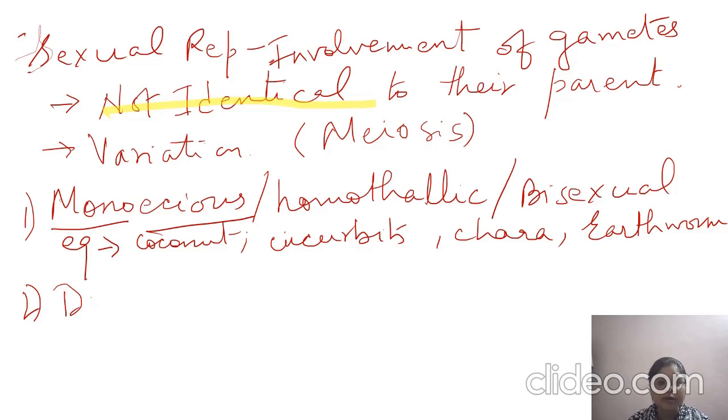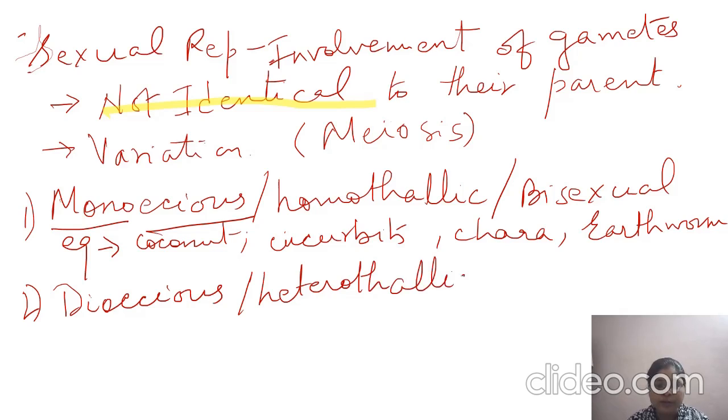Now this is monoecious, and then comes dioecious. Di means two, so we call them dioecious. They are heterothallic, and they are unisexual.